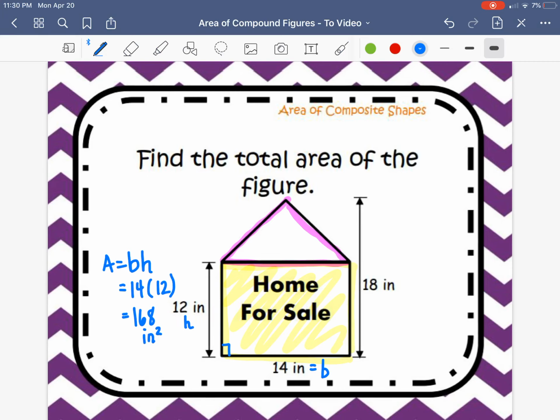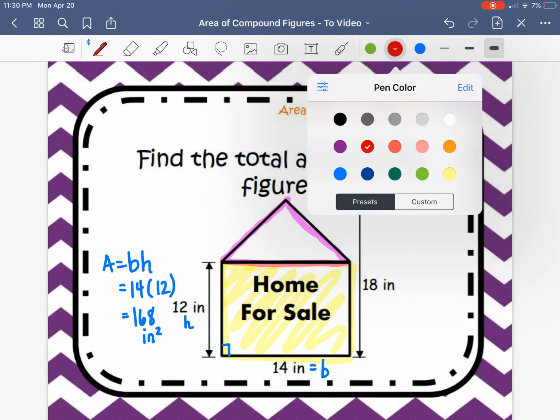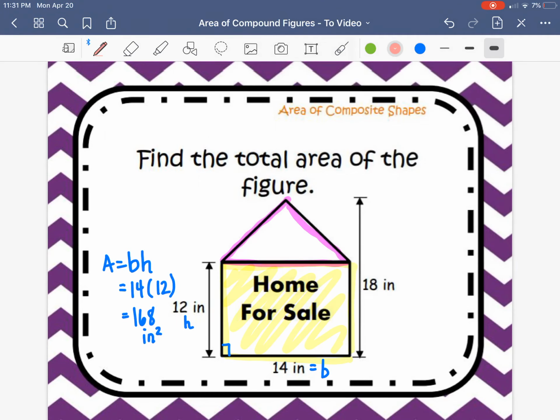The formula for the area of a triangle is area equals 1/2 base times height. So we need to find the base of this triangle and the height of this triangle. Well, let's look around to see which dimensions may help us.